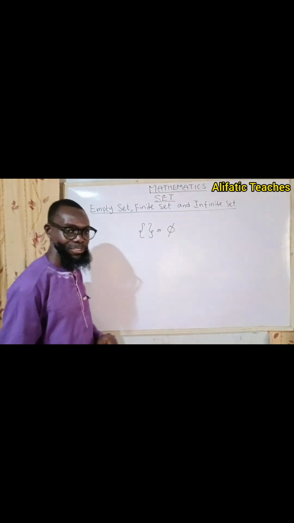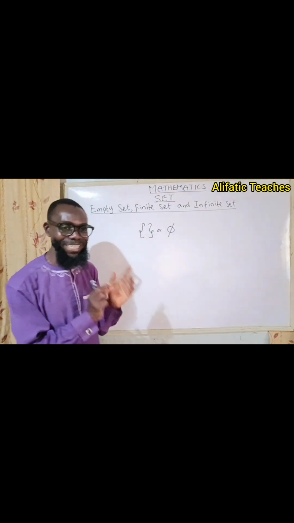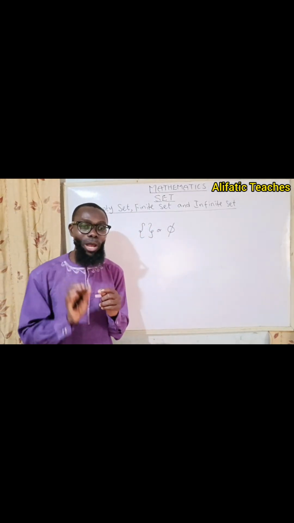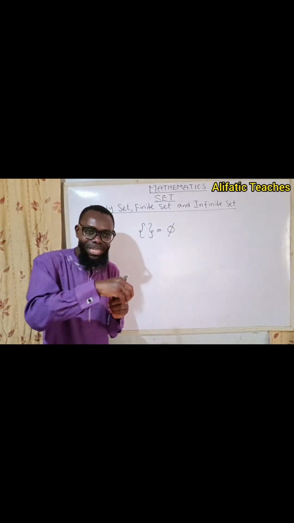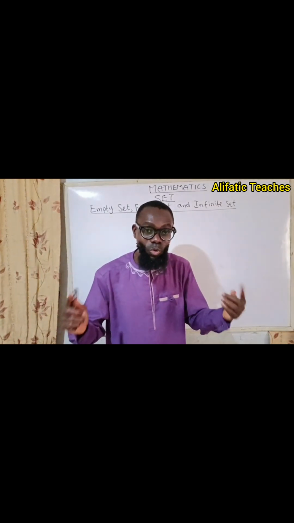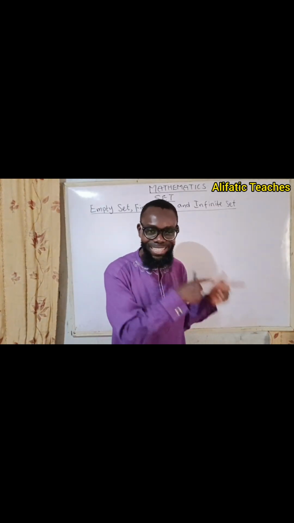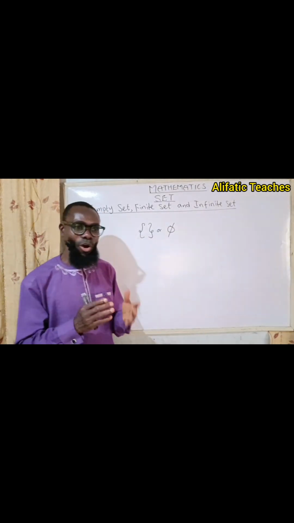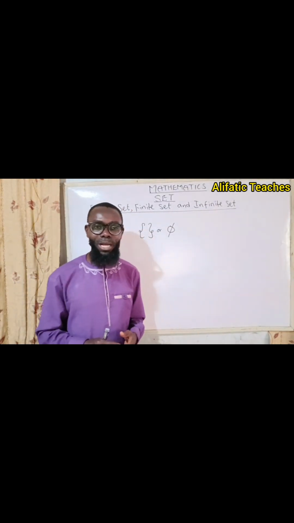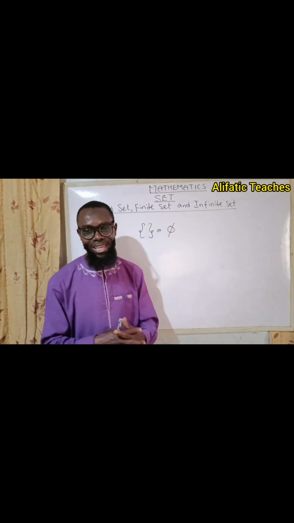Then, finite sets. A finite set is a set in which all the elements can be listed. If we can just list everything in a single listing, we refer to that set as a finite set. Say for instance, a set of natural numbers between 2 and 10.